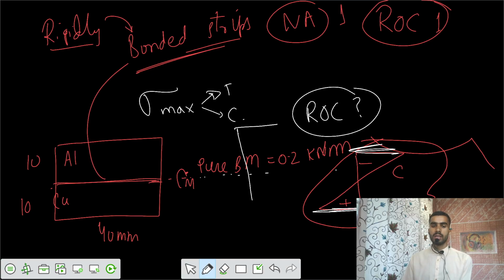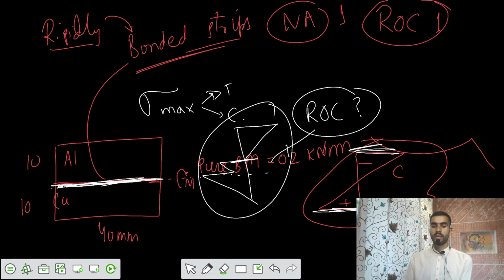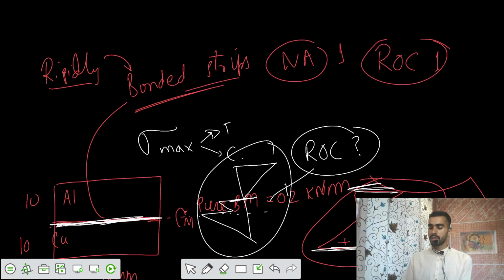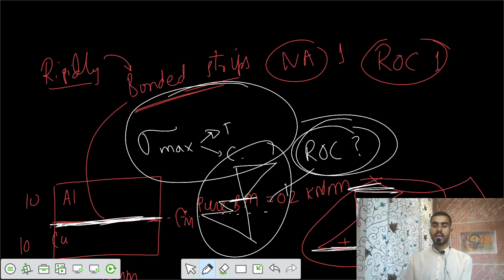Then you can't directly say the neutral axis is at the mid, because it's not a homogeneous section. So the neutral axis is somewhere here, and you have some profile of stresses. It depends on the values, some sort of change would be there, so we will see later. So we got one neutral axis, and you need to calculate the radius of curvature and the maximum tensile and compressive stresses.